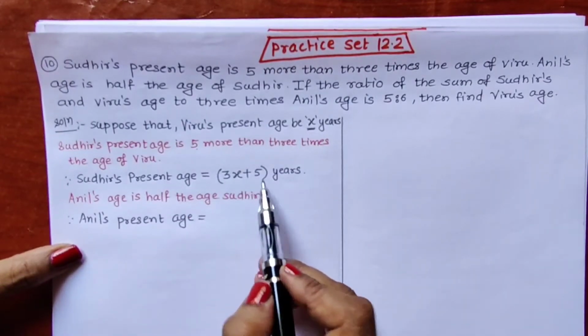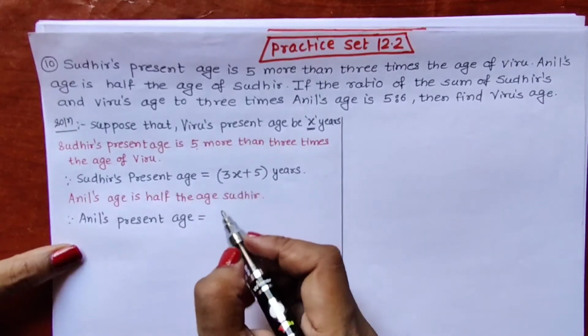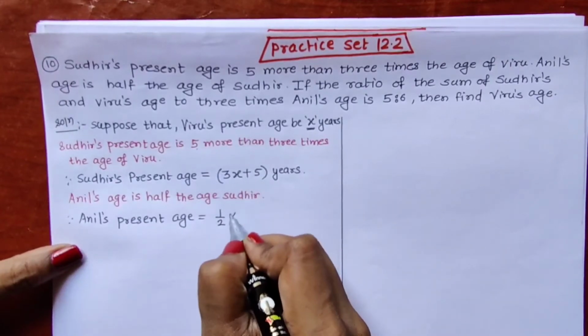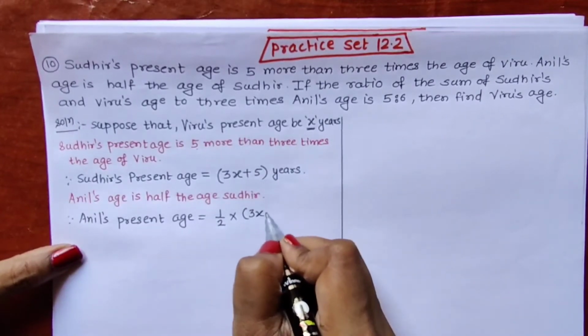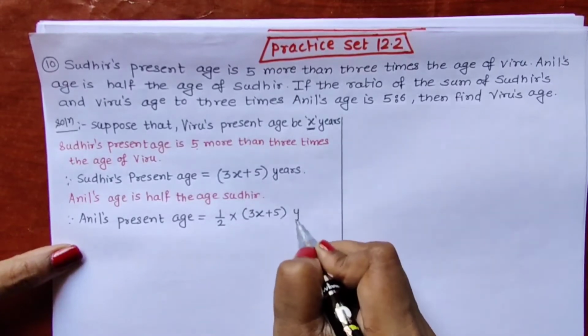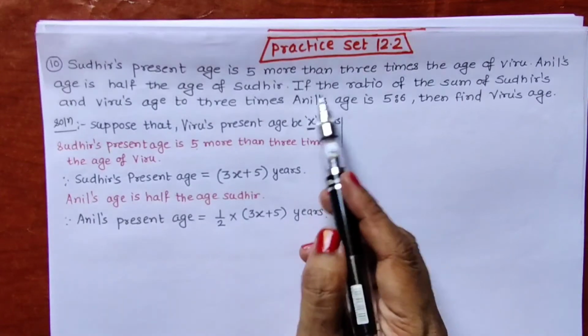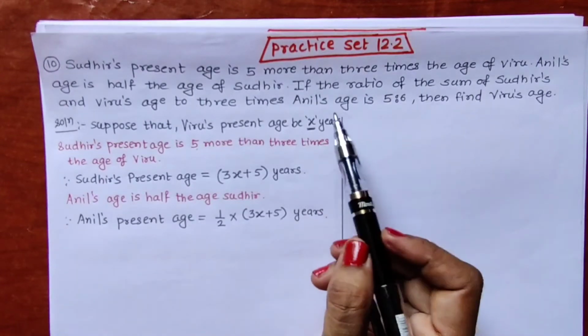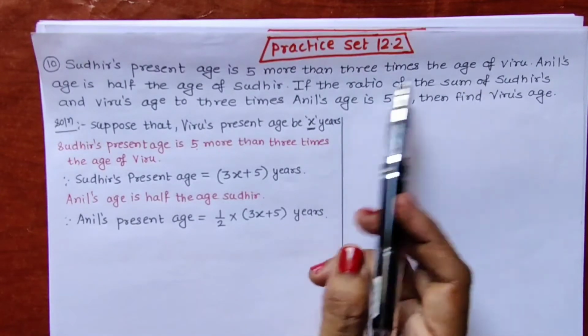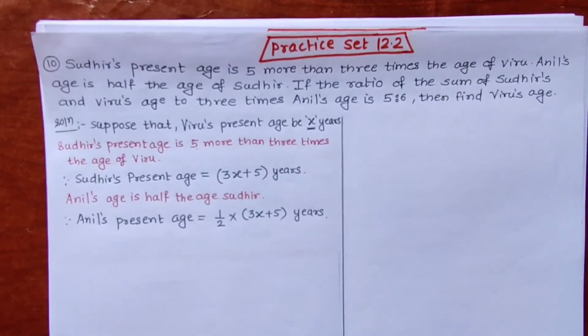Sudhir's age is 3x plus 5. Half of this 3x plus 5 will be 1 upon 2 multiplied by 3x plus 5 years. So this will be Anil's present age.